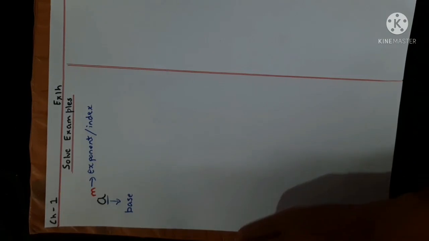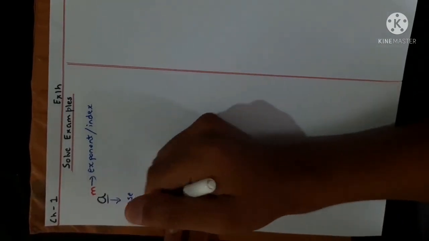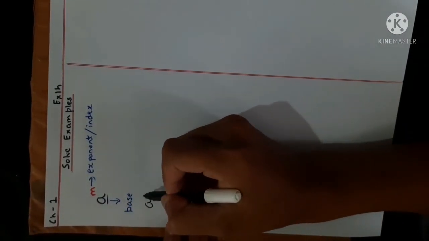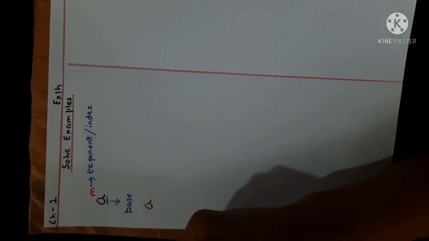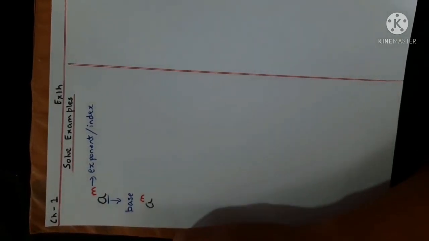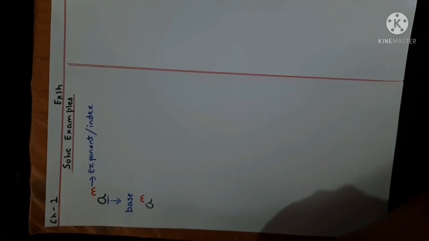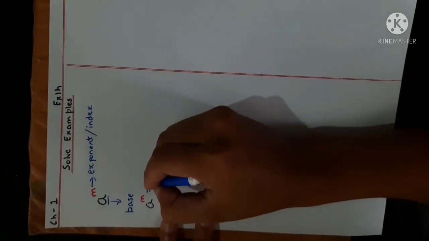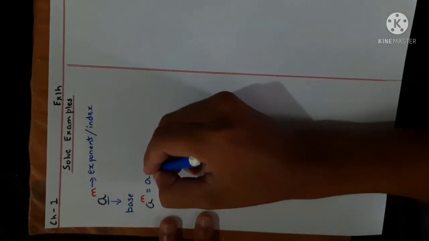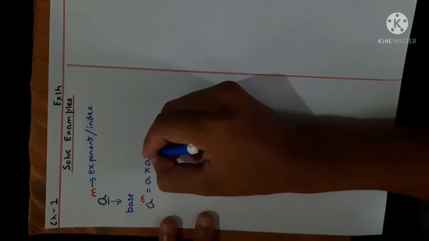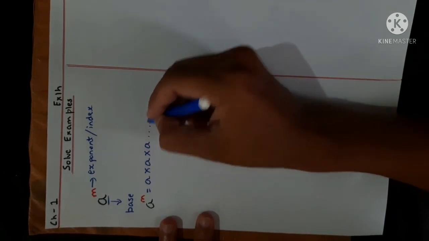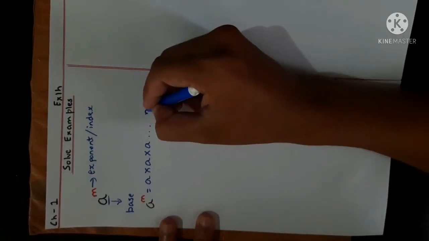When you have a to the power m, what does it mean? When you have a raised to the power m, this means that we have to multiply a, m times.